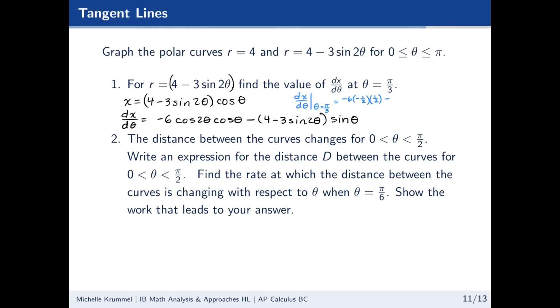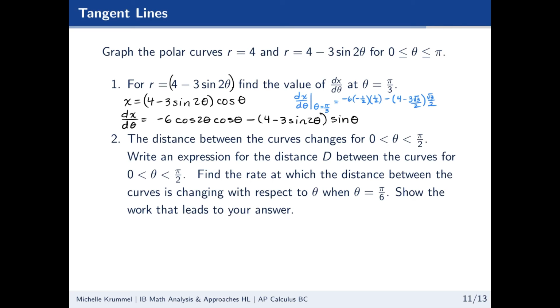So this one's not going to be as nice. 4 minus 3, the sine of 2 pi over 3 is √3 over 2, times the sine of pi over 3, which is also √3 over 2. And then simplifying this, I'm going to have 3/2, it looks like.